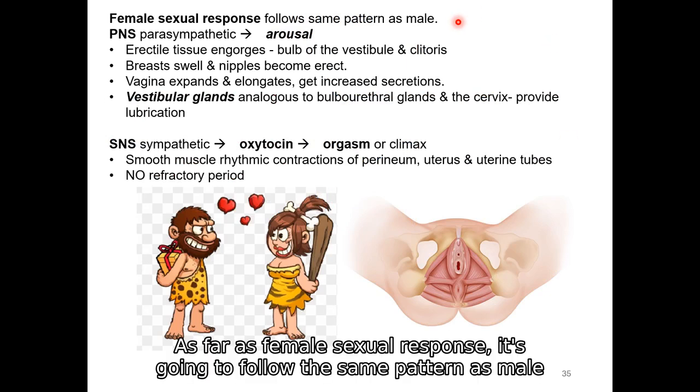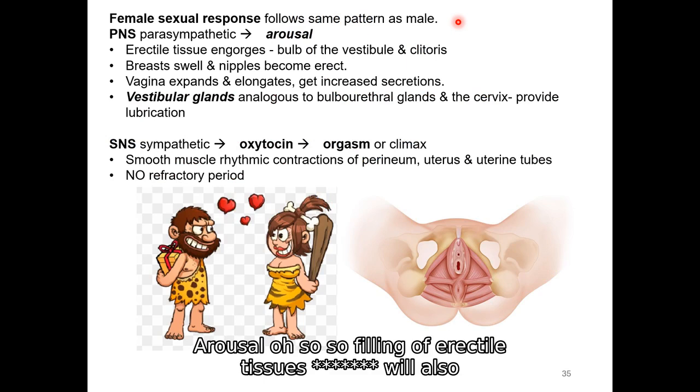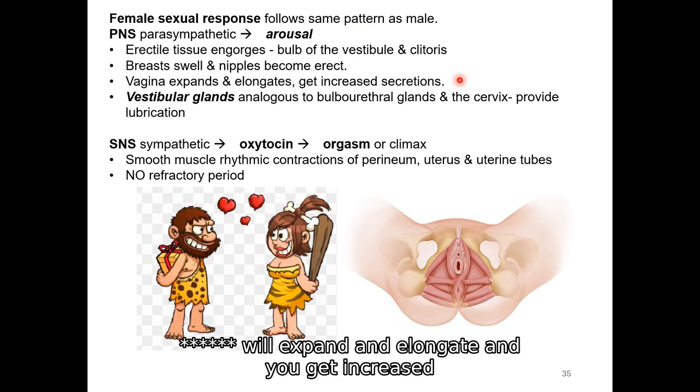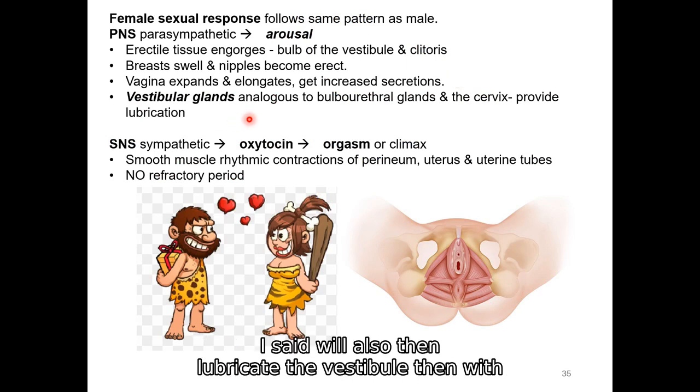As far as female sexual response, it's going to follow the same pattern as male. And so parasympathetic is going to cause increased blood flow and arousal, so filling of erectile tissues. Breasts will also swell, nipples become erect. Vagina will expand and elongate and get increased secretions. The vestibular glands, like I said, will also then lubricate the vestibule.